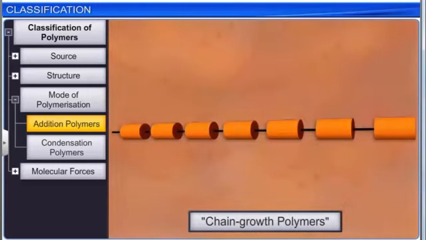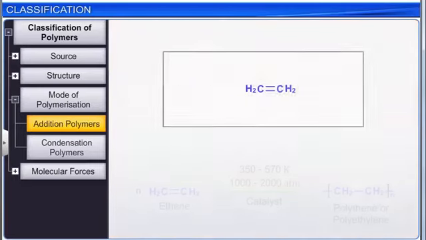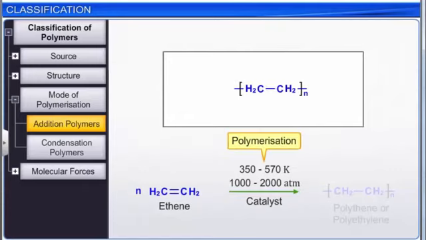Addition polymers are sometimes referred to as chain growth polymers. For example, ethene contains a carbon-carbon double bond. When polymerized, it forms polythene or polyethylene, which has all single bonds.